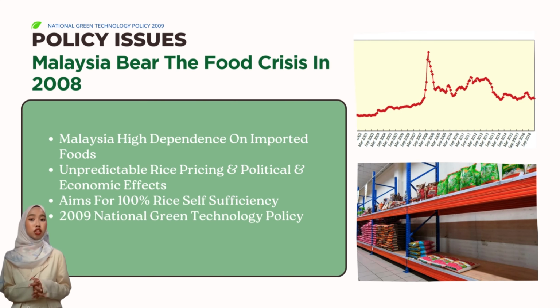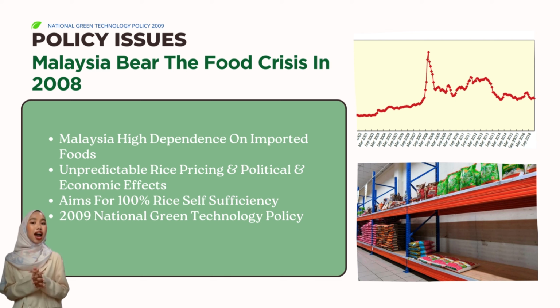Lastly, Malaysia had to bear the food crisis in 2008. The 2008 food crisis highlighted that Malaysia is highly dependent on imported food, leading to unpredictable price rises and political and economic effects. The Malaysian government paid 725 million ringgit for 500,000 tons of rice.